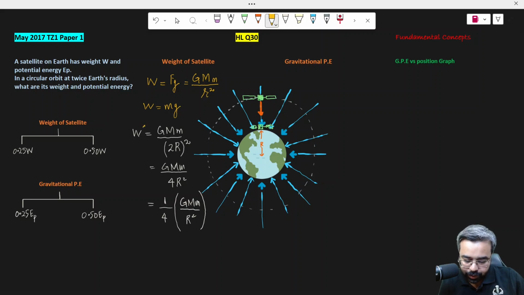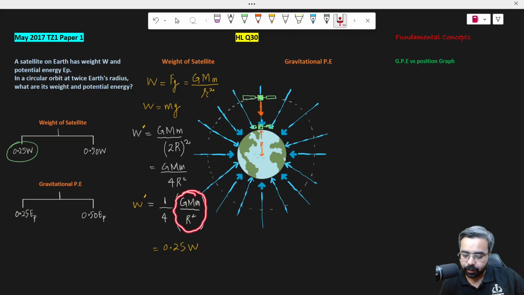So students, this is the new force of gravity at that point, and you can see it is 0.25 times the force of gravity, or 0.25 times the weight of the satellite close to the surface of the Earth. So that's why we should select 0.25 W. And this is the force that was applied by the Earth on the satellite when it was close.